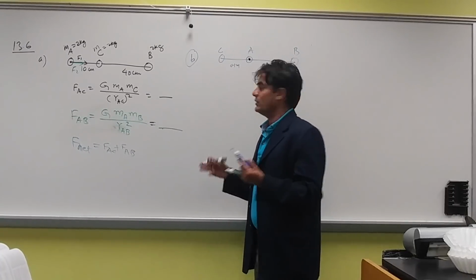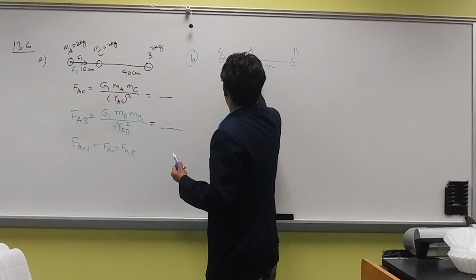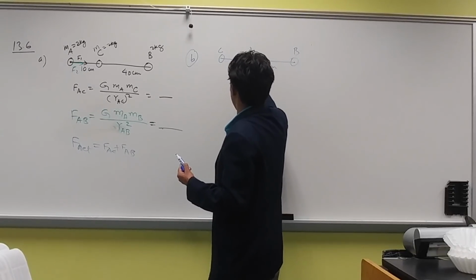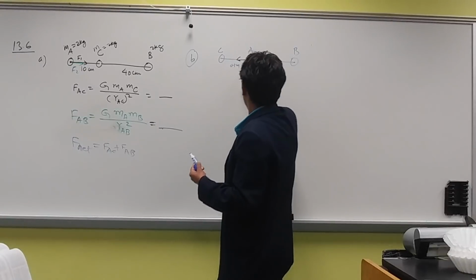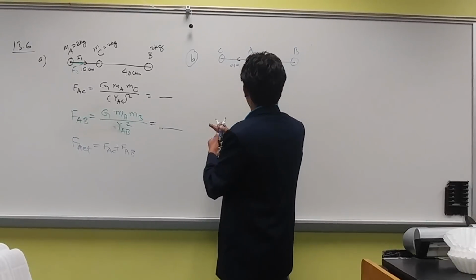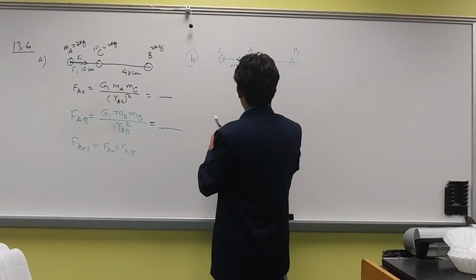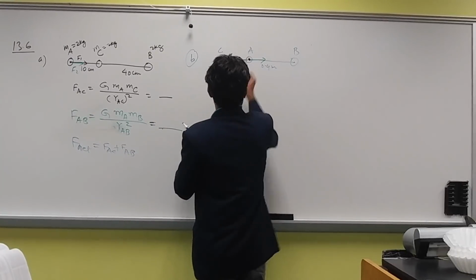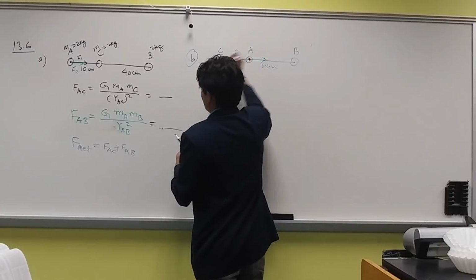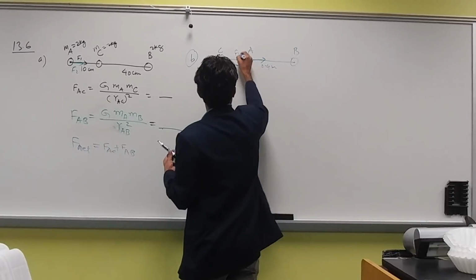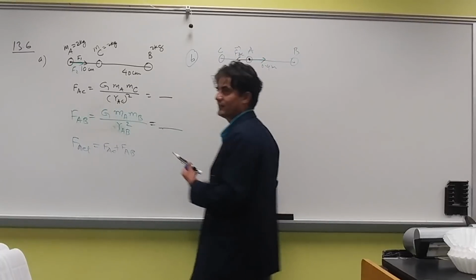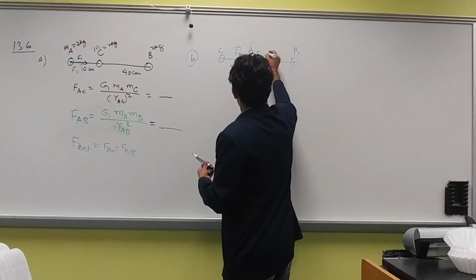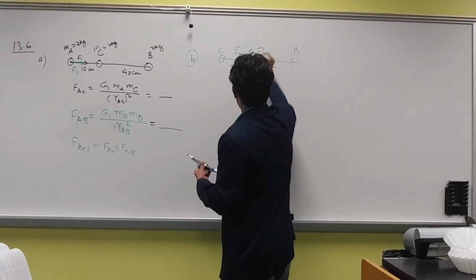Now, when you get F1, because this guy will pull A on this side, and then this guy will pull on the other side. So the interesting thing here is force AC will be on this side, and force AB will be on the other side.